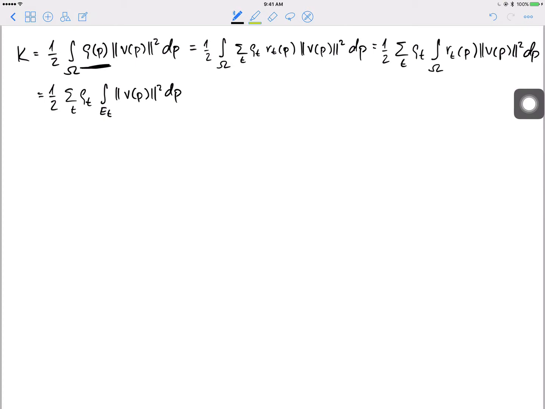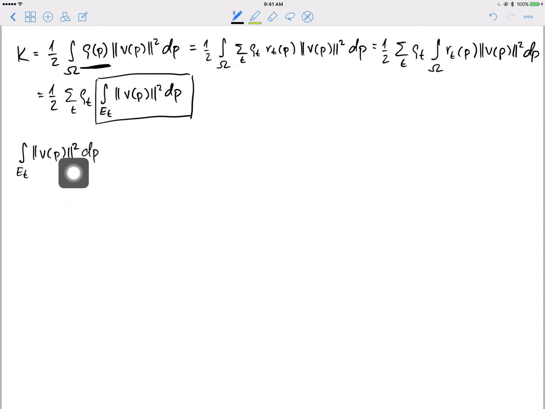So that's one part of the finite element discretization, and now we need to work on this bit. Let me copy it over here. So now we need to figure out what this thing is: the integral of Vp squared dp. What I'm doing here is integrating squared velocity over a triangle or a tetrahedron.